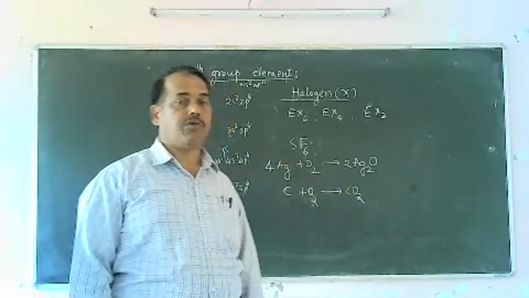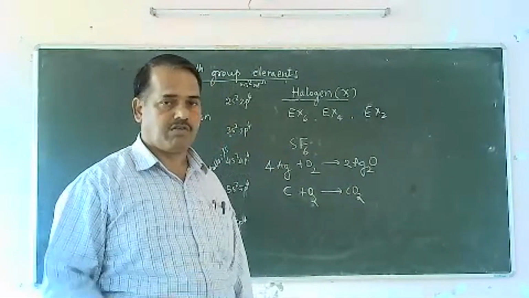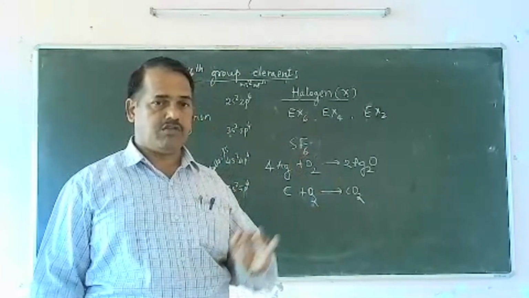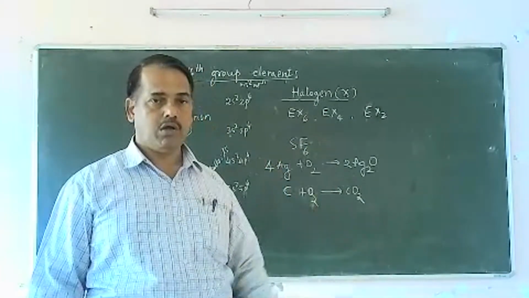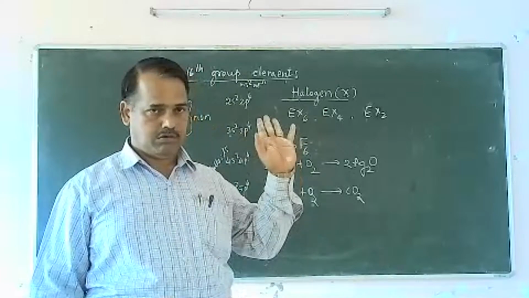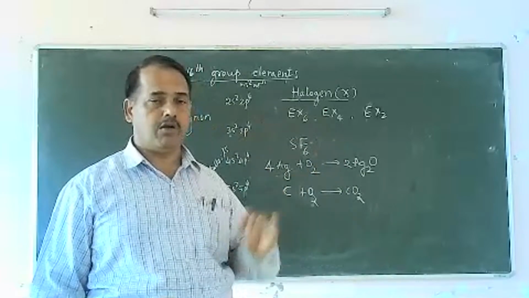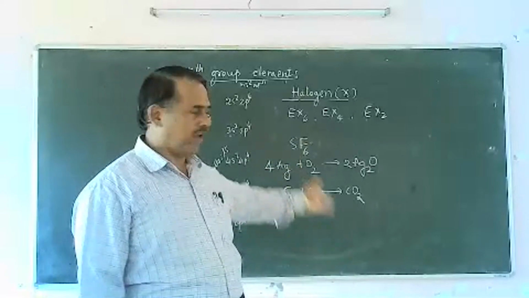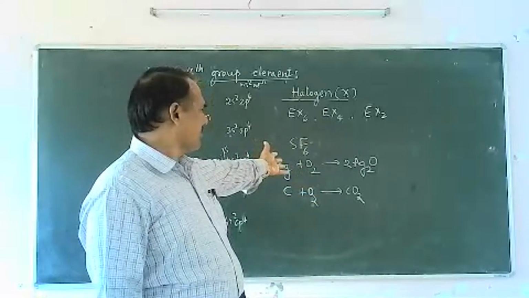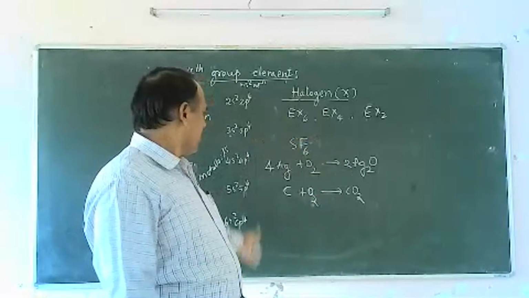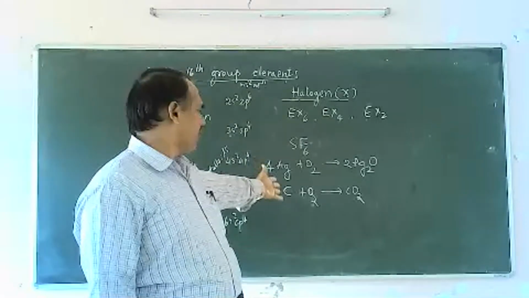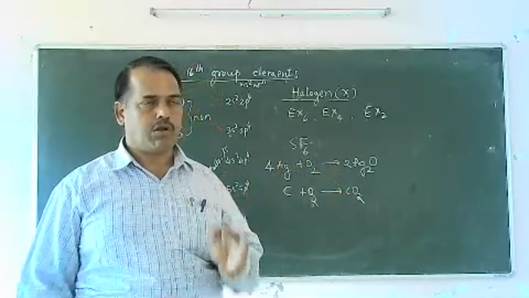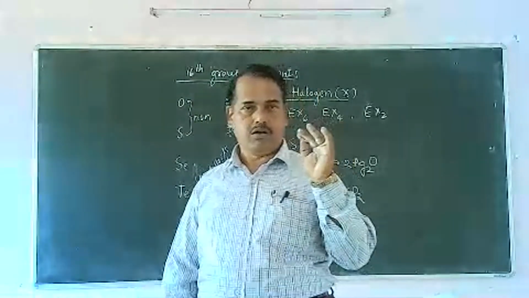So these are the reactions with metals and non-metals. It forms the respective oxides. Because oxygen is more electronegative, it can combine with all types of metals and non-metals and form their oxides. For example, silver reacts with oxygen, you will get silver oxide. Again, carbon, a non-metal, reacts with oxygen, you will get carbon dioxide. It's a simple equation.